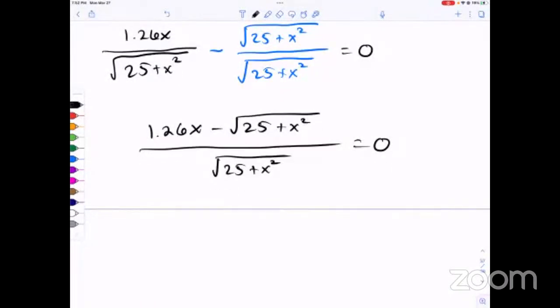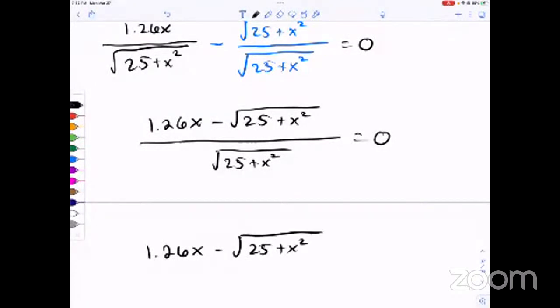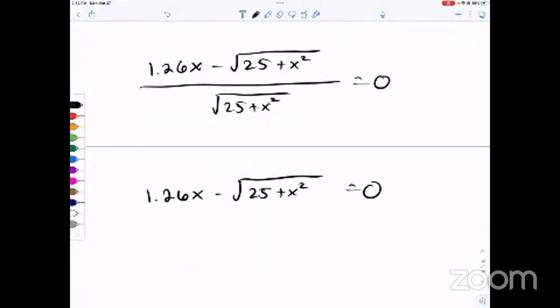I think we have a similar argument where we can't get that denominator to be 0, because if we plug in negative 5 or positive 5, it's positive. So we're just going to focus on getting the numerator to 0. So we have 1.26x minus the square root of 25 plus x squared equals 0. Isolate your radical: the square root of 25 plus x squared equals 1.26x.